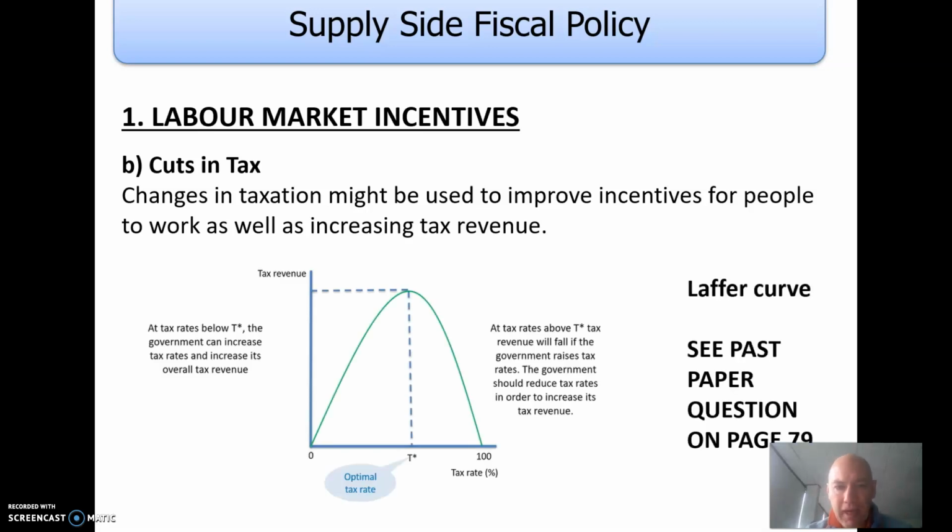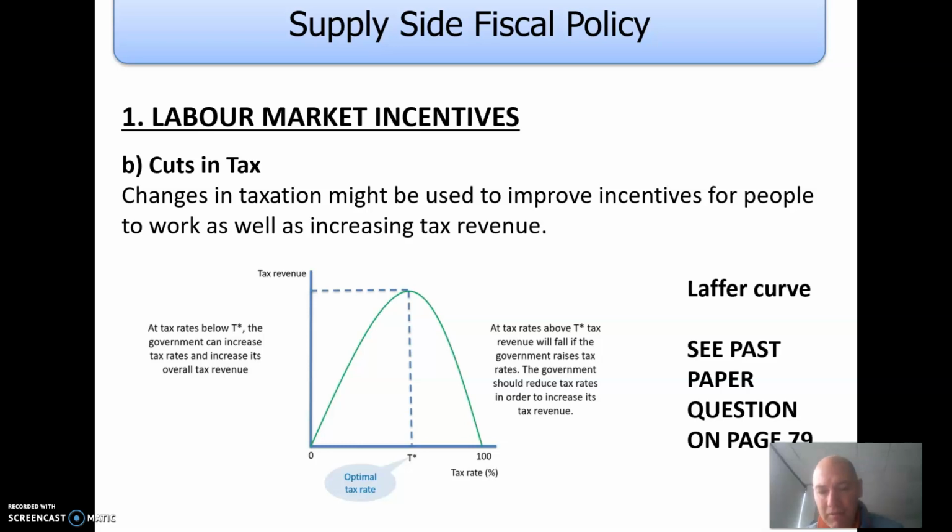In terms of cuts in taxation, just remember a cut in income tax may also improve incentives for people, but it may also increase tax revenue. So just having a look at a tax rate below T-star, if you're operating before T-star along your horizontal axis and the government increases taxes, tax revenue will go up.